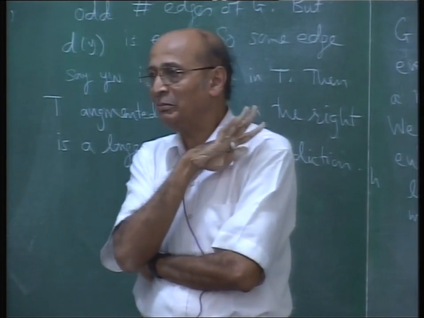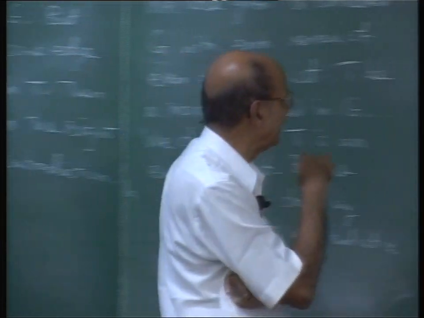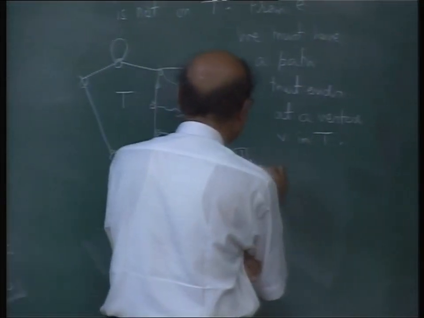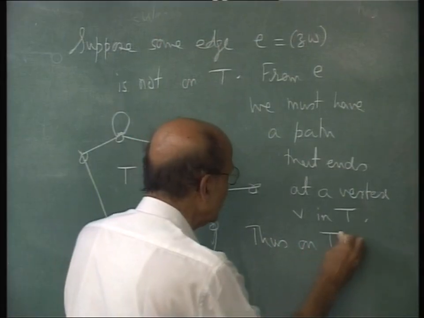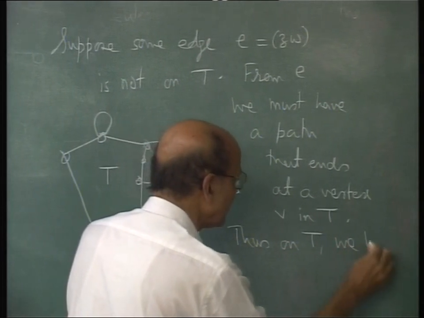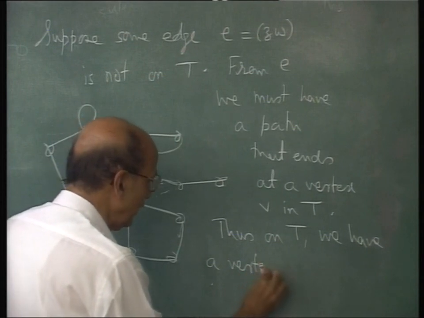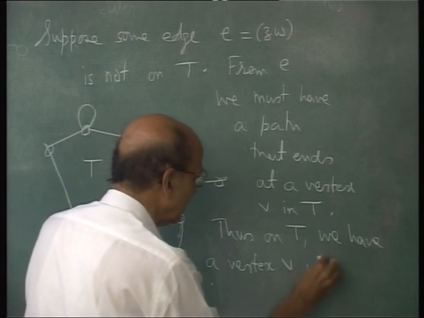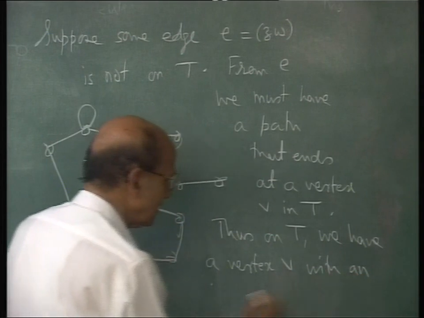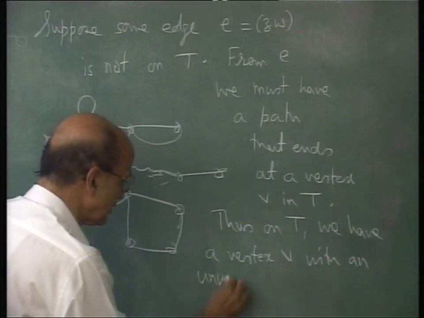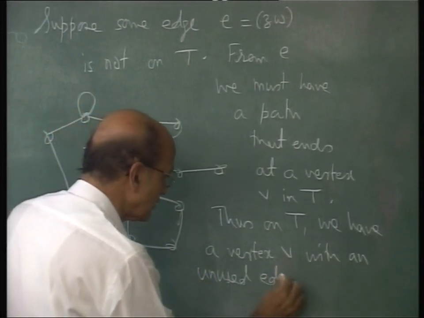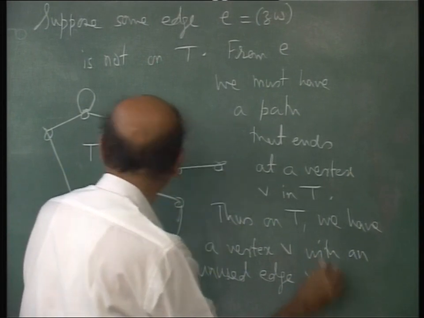So what that means is, thus on T we have a vertex V with an unused edge, say V to V prime.